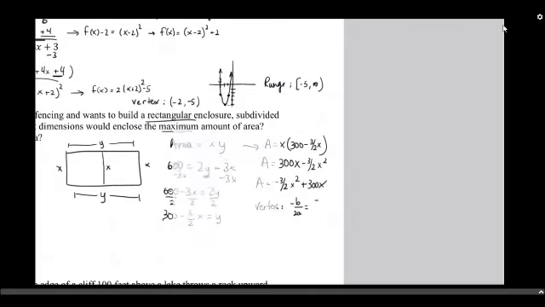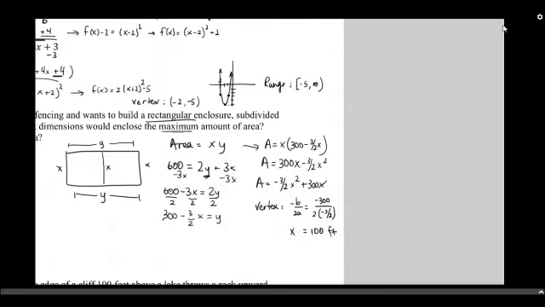The opposite of that is negative 300 divided by 2 times negative 3/2. That's the a value. The 2's there would just cancel. So it's negative 300 divided by negative 3, which is 100 feet.